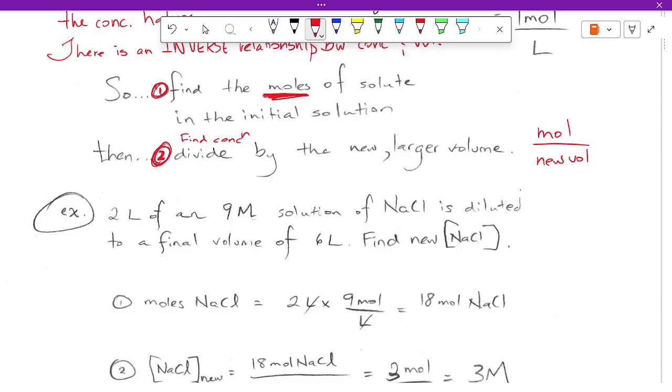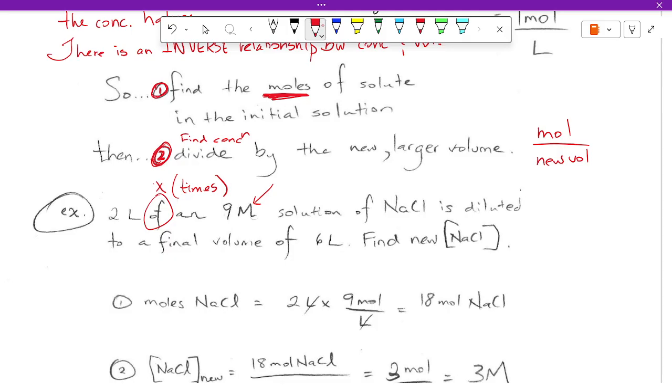So for example, if we have 2 liters of a 9 molar solution, now remember, what does of mean? Of means multiplication, times, okay? So we have 2 liters of, and remember, what does capital M mean?